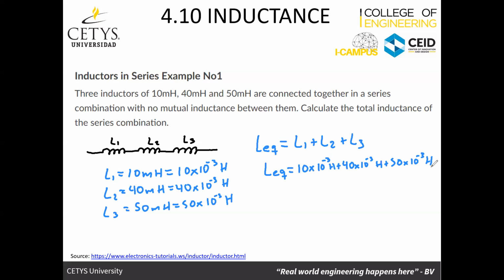In this particular case, because we're just talking about equivalent inductance, we can turn it all into Henrys, or we can leave it in millihenries, as long as all of them are in the same range. So the equivalent here is going to be 10 plus 40 plus 50, which is 100 times 10 to the minus 3 Henrys, which would be equivalent to 100 millihenries. That would be the equivalent inductance.